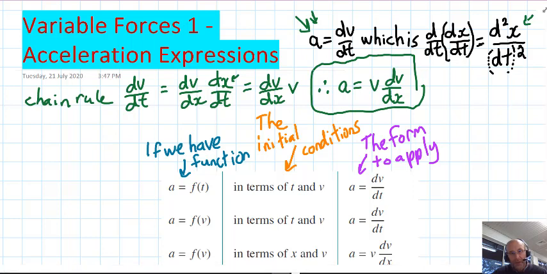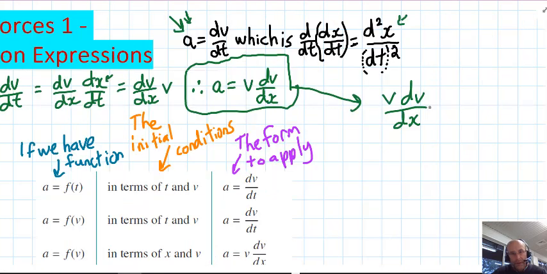Likewise, using the chain rule, we could manipulate in particular the v part. So this would be like an application of the chain rule. Now the dv dx, I'm just going to write that aside here, and the work's going to be done on the v.